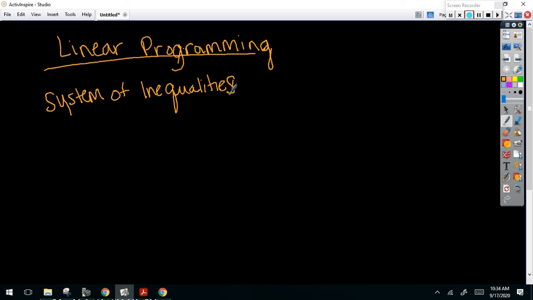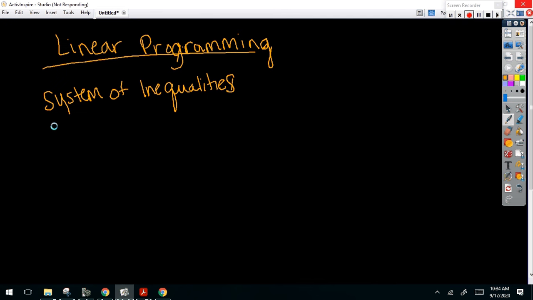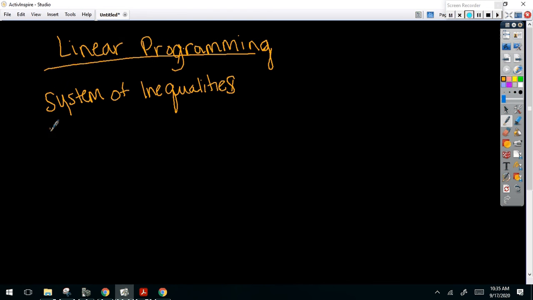Maybe I am trying to sell something, and I want to take into account the cost to buy the materials and the money I have to pay the employees. Those are all constraints. They're constraining how much money I can actually make.